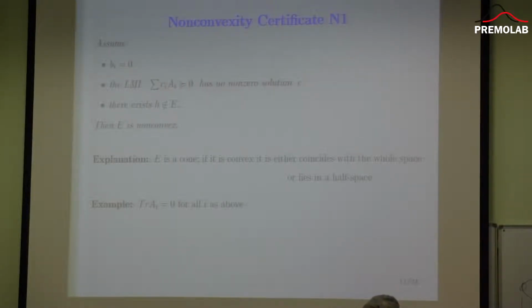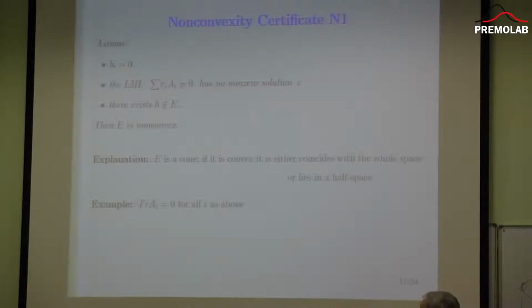Because if our image is convex, then either it is in some half space or it is the entire space. If it's in a half space, we can separate it from zero, but this LMI is unsolvable. It means that it doesn't lie in any half space.